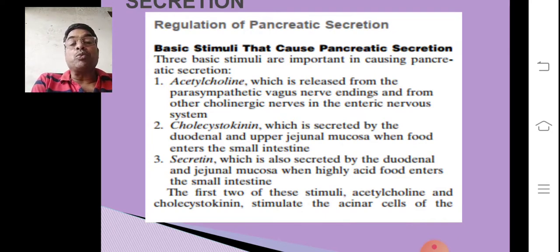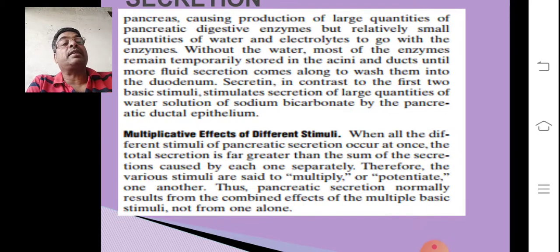The first two stimuli, acetylcholine and cholecystokinin, stimulate the acinar cells of the pancreas, causing production of large quantities of pancreatic digestive juices, but relatively small quantities of water and electrolytes to go with the enzymes.